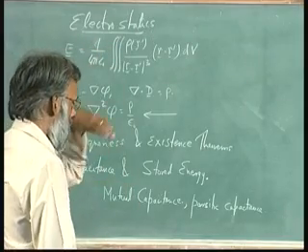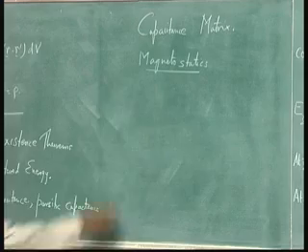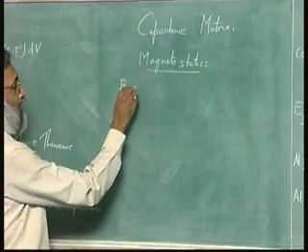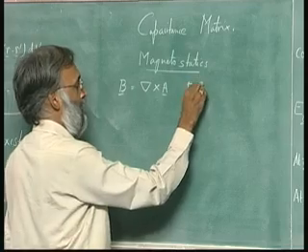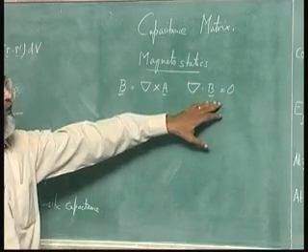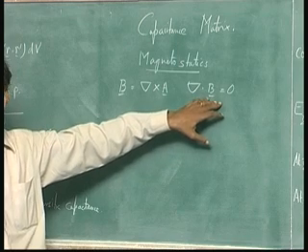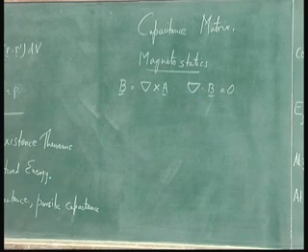So we defined the magnetic field, we defined the vector potential. We said B is equal to curl of A because divergence of B was 0, and divergence of B was 0 because essentially B is driven by electric currents. There is no such thing as magnetic charge.